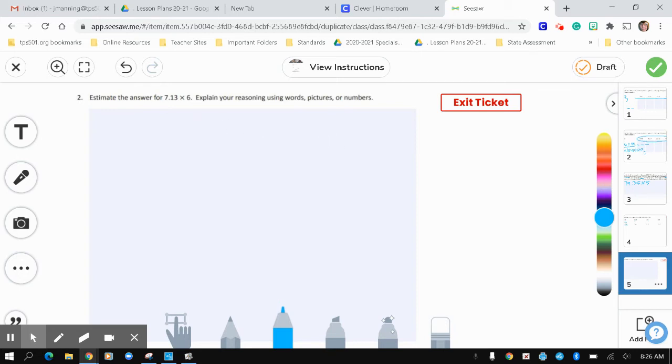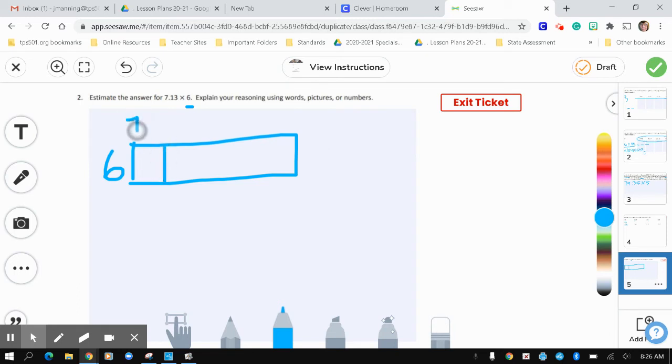Now, if you wanted to do the real way, and I know that you missed this a little bit with us yesterday, so I'm going to model it for you. The real way that we were learning how to do this was drawing the area model. On our area model, one of our numbers goes on one side, so we have a 6. And then we're going to break apart the 7 into unit form.